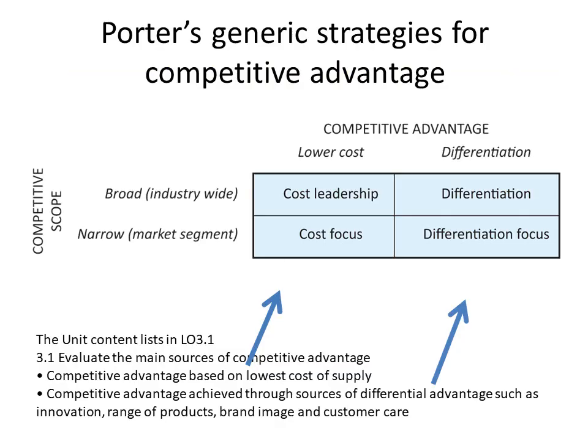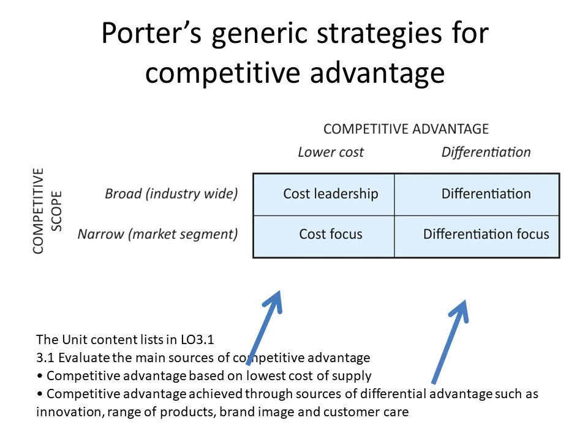The theory of competitive advantage was developed by Michael Porter, and Porter came up with his generic strategies to achieve competitive advantage. Basically, Porter said there are just 2 sources of competitive advantage, either lower cost or differentiation.